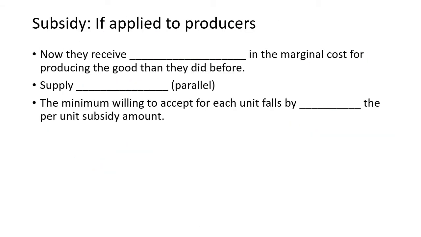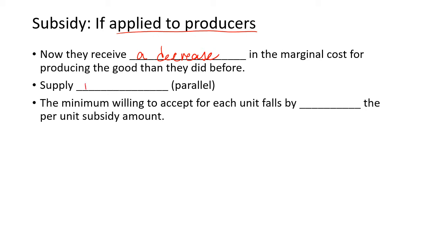Now instead, let's suppose that our subsidy is placed on the producers. So this means essentially they receive a decrease in the marginal cost for producing the good than they did before, because the government is paying them part of the money to do the production, and therefore it makes their cost for each unit they produce lower by however much the subsidy is.